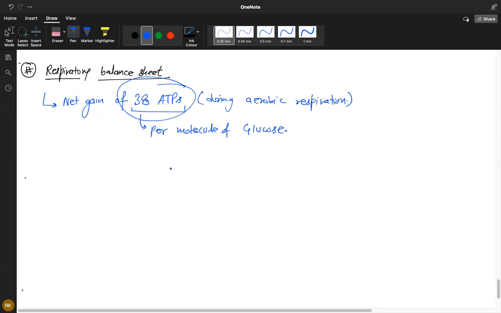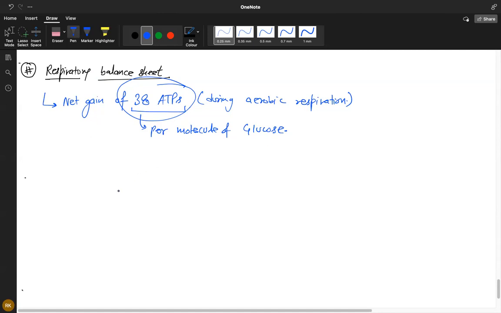There, oxaloacetic acid and many of these substrates are used too. So lots of things can go out and come in at different stages of the whole reaction we studied. But write down how we come to this 38 ATPs per glucose molecule.